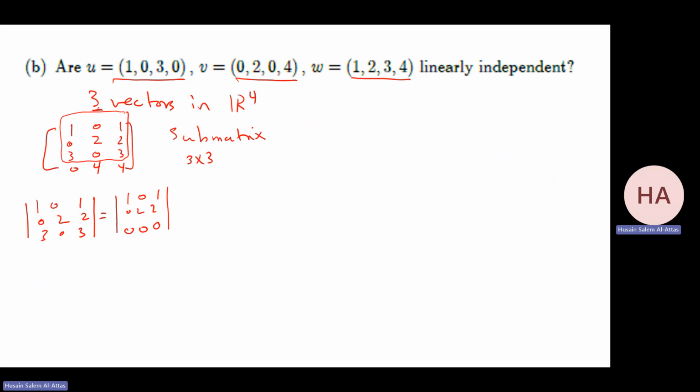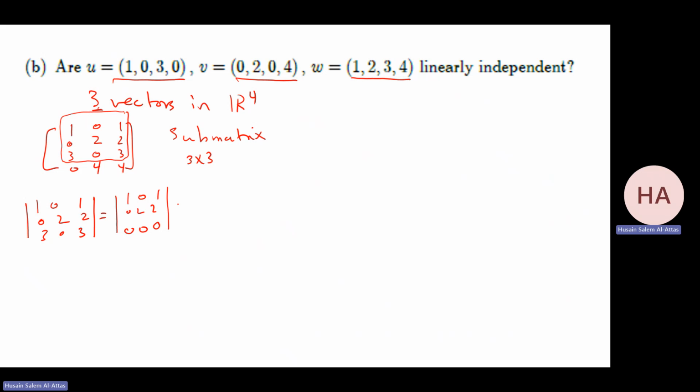If I do the expansion of 1, 0, 1, 0, 2, 2, 3, 0, 3, 0, 4, 4, I took this, multiply by minus 3 and add, it will be 0.